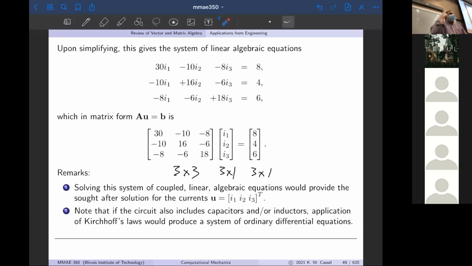Physically, because I can go to Home Depot and buy these voltage sources and these resistors and set up this circuit in my basement, I know it has a unique solution. So mathematically, I expect to get a unique solution from this, and indeed you will. You'll see that in the first problems that you'll do.